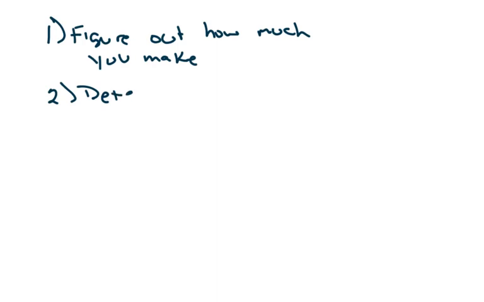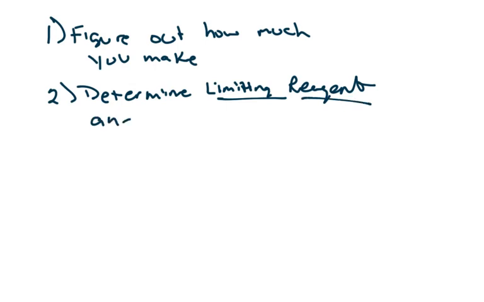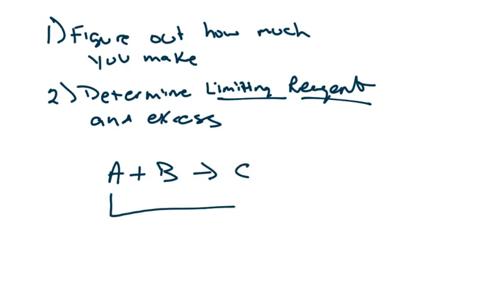So with that, you're going to determine limiting reagent, and excess. So in other words, so A plus B goes to C. You take A to C, take B to C. Smaller number is how much you make.